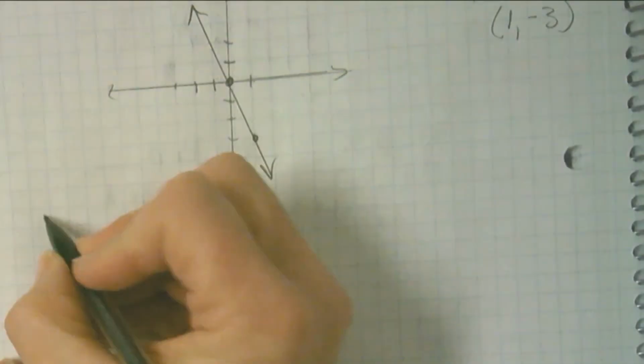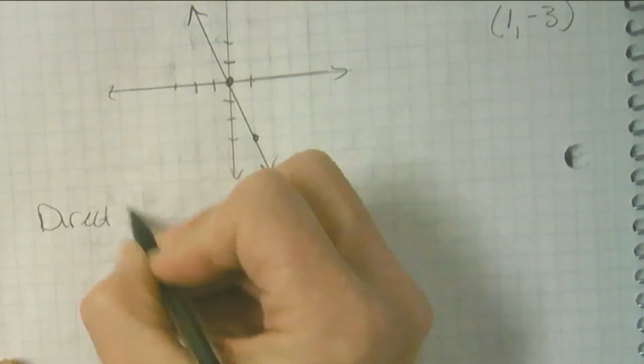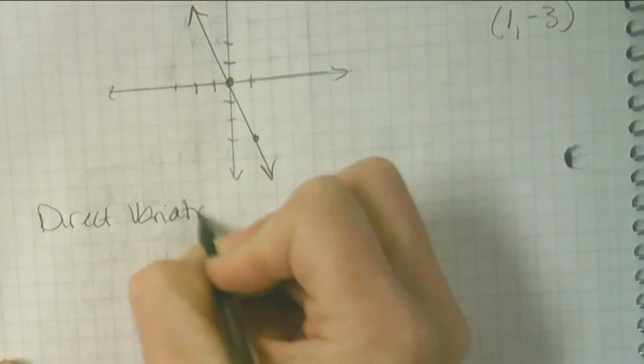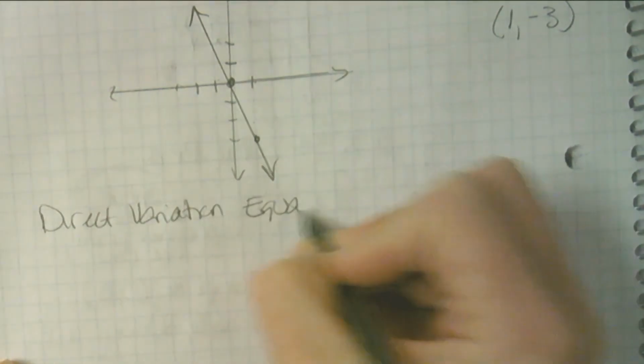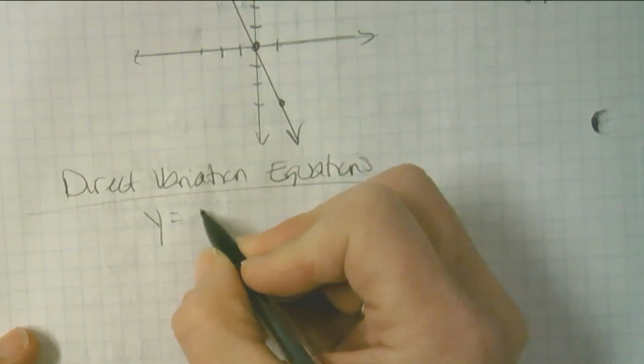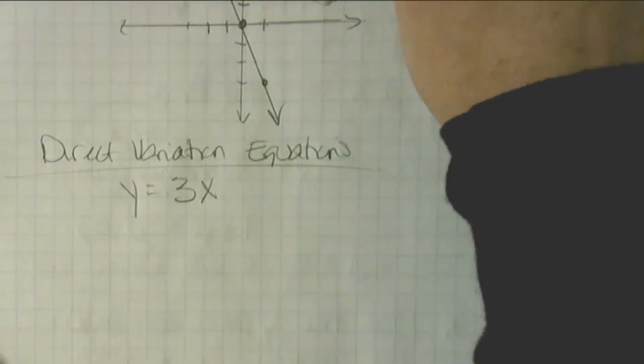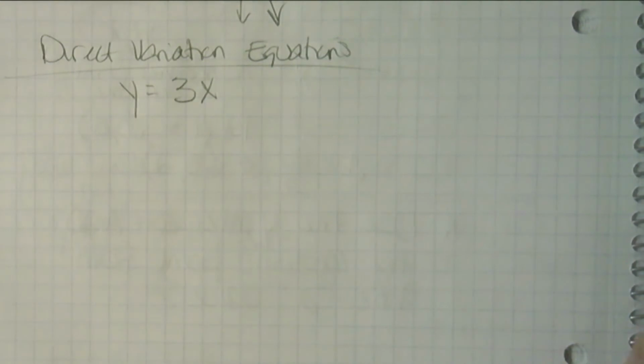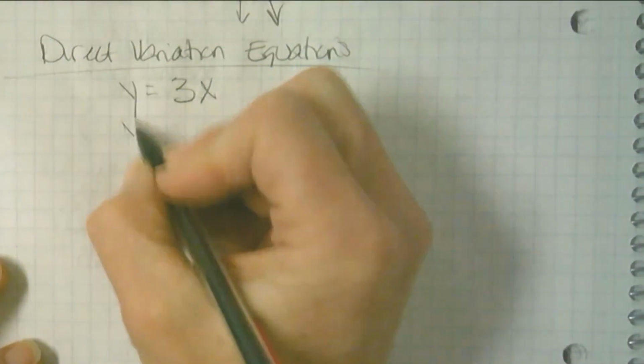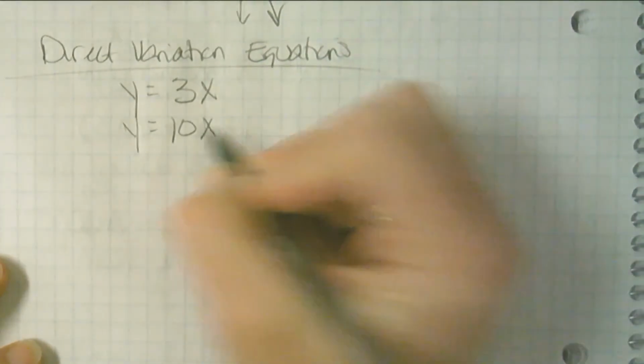These are all direct variation equations. Y equals 3x. Somebody else give me another one. Anything. Give me any direct variation equation. Make one up. Y equals 10x.